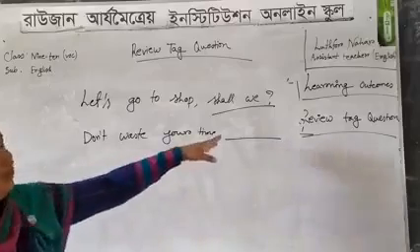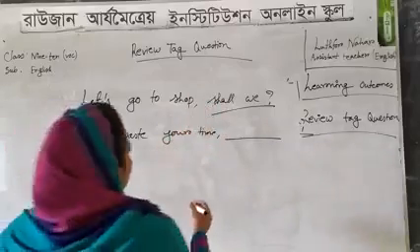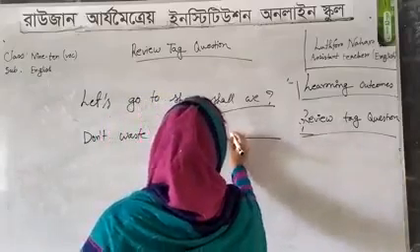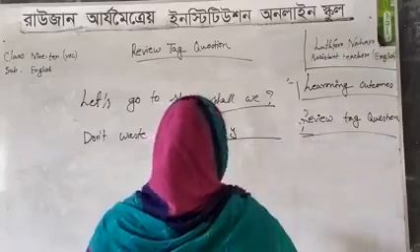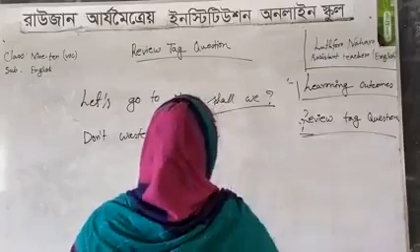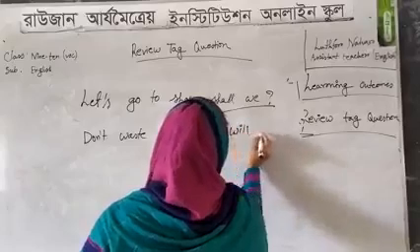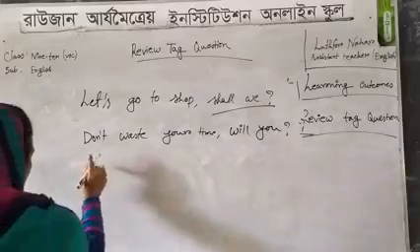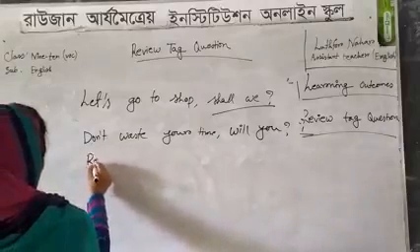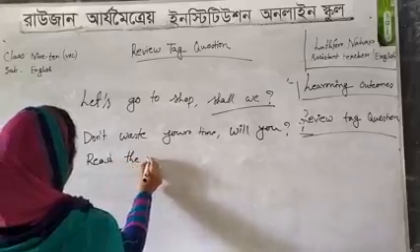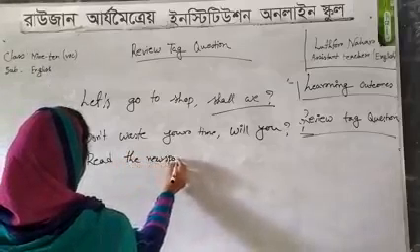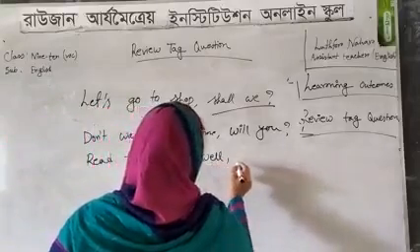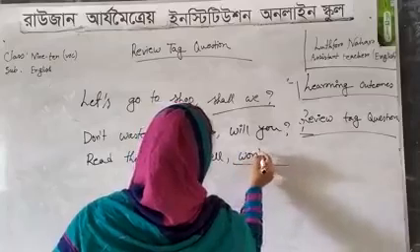That's why we have to use the simple future tense auxiliary verb. Read the newspaper well, won't you?